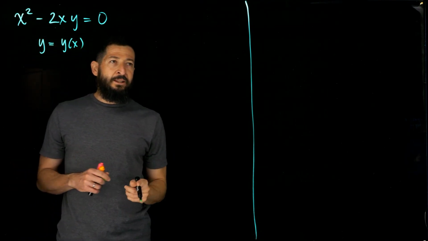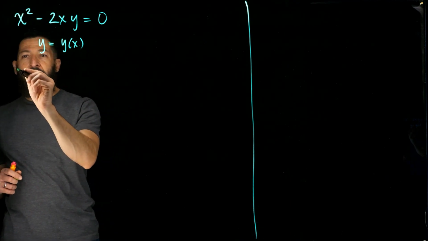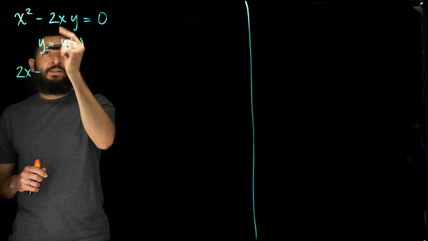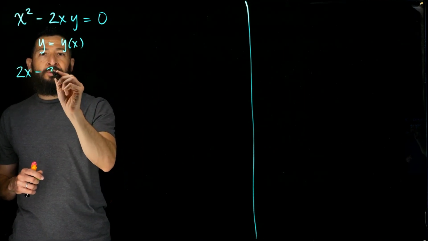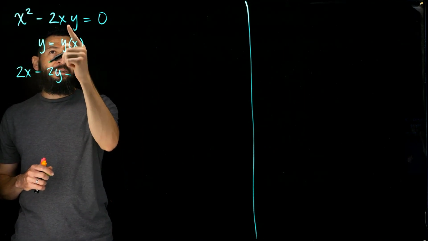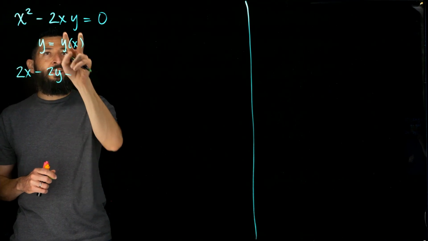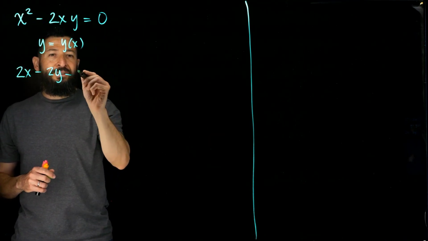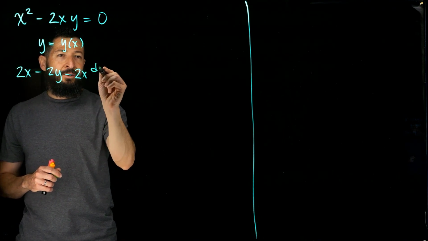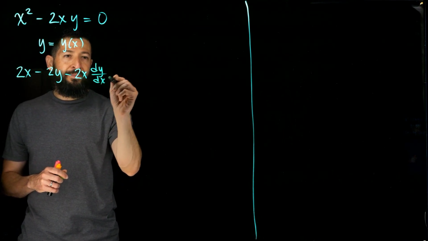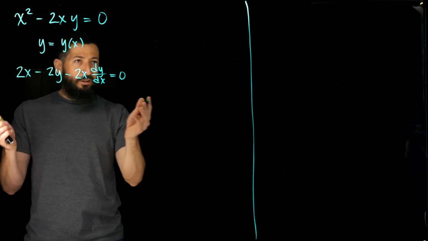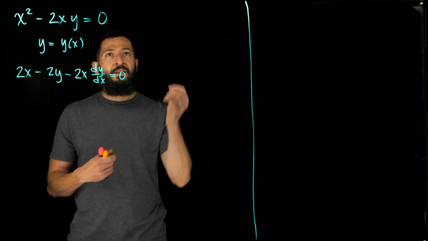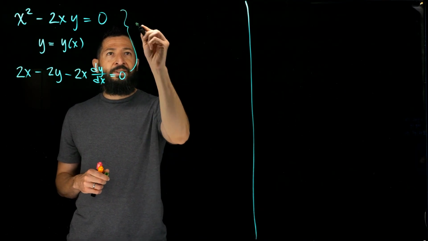Then whenever we're taking the derivative, we had 2x minus, you have a product rule here, derivative of 2x is going to be 2 times y, minus again, because you have to distribute that minus, derivative of this with respect to y is going to be 2x times dy dx. And then we solved, right? That was how we did our implicit differentiation. So this right here is our implicit differentiation.